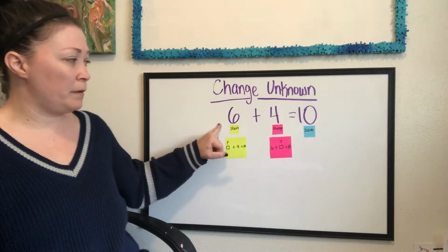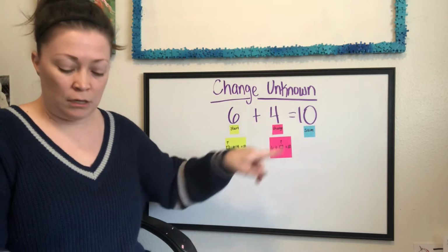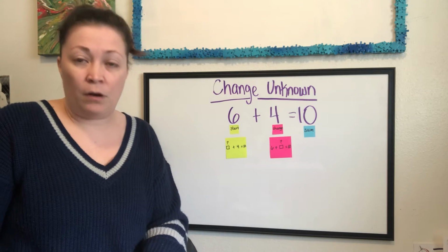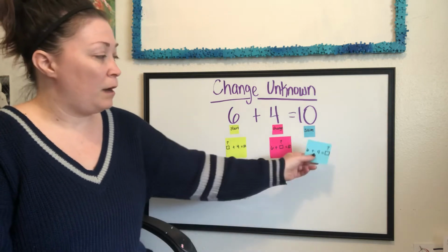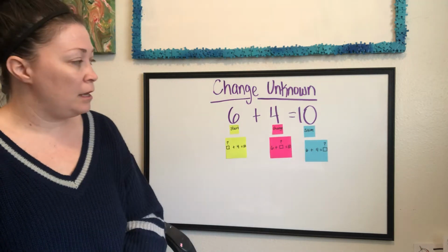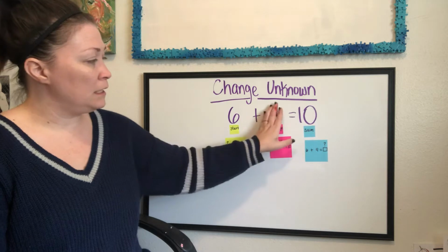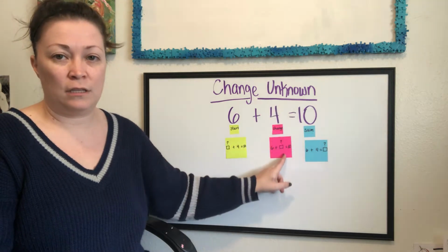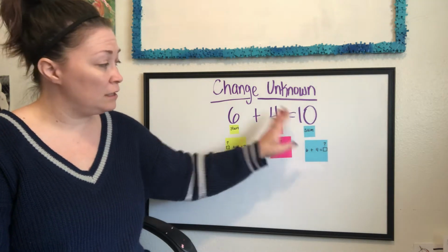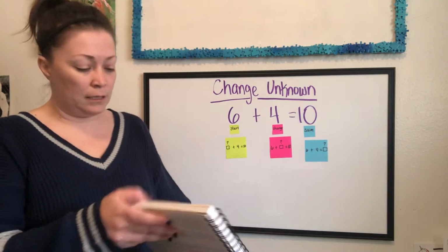We have the first number, we have the answer, but we don't know the change. And of course, we always start with problems where we don't know the answer. That's where we start math. So now we're moving, instead of not knowing the answer, to not knowing the change. This guy right here changes that first number. So let's look at what that looks like.